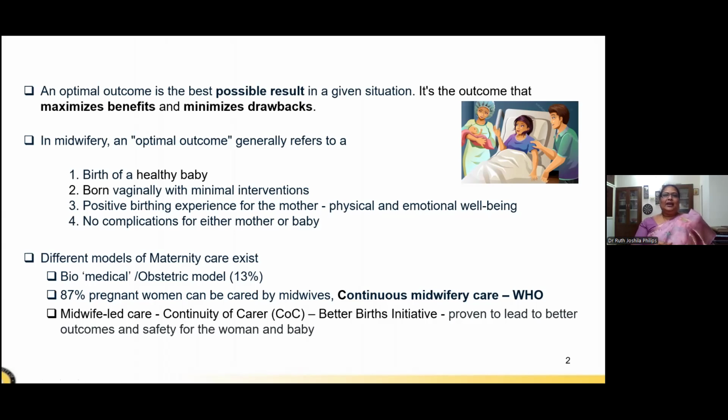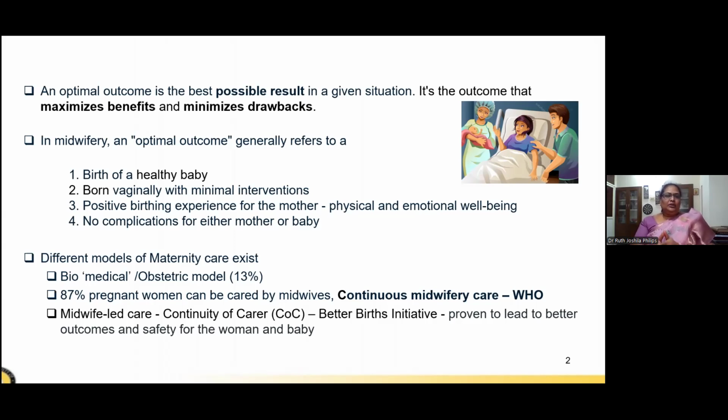Here, the head of the model, the person who carries forward the care, is the obstetrician. An obstetrician is a trained person in dealing with pregnancy and pregnancy-related complications, and usually they look at pregnancy not as a physiological process, but as something like any other disease form, right? And usually they are supposed to be dealing with complicated pregnancies.